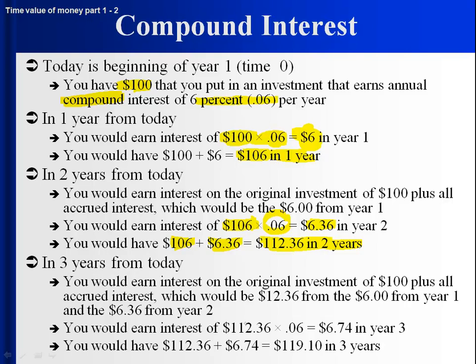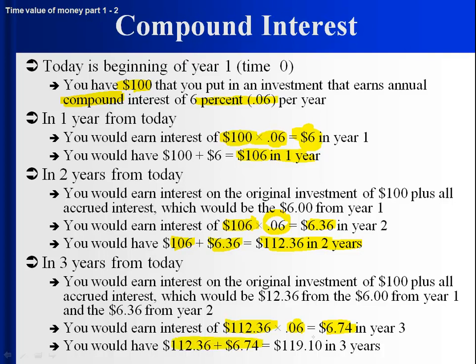How about year three? Year three, you go into the year with $112.36. At the end of the year, the bank says, okay, we're going to pay you 6% on what you had at the beginning of the year, so it's 6% of that. And now the interest for year three is $6.74. It's the original 100 plus the 12.36 that you accrued in years 1 and 2 plus 6.74.